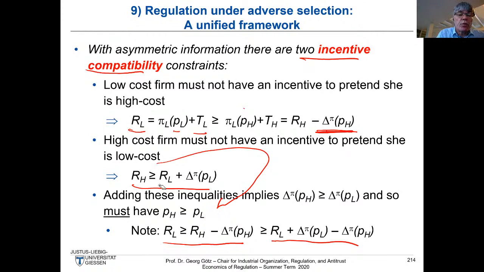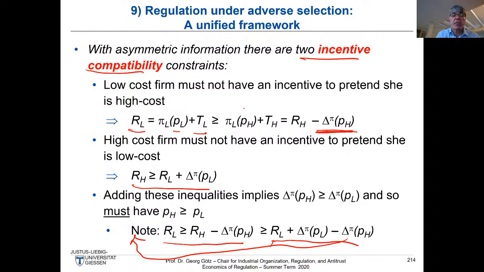And from this inequality, it's obvious that if we just subtract R_L, we would get 0 here and 0 here with respect to R_L. We just can put the minus delta pi on the other side as plus delta pi of p_H, and what we get is delta pi of p_H is greater or equal than delta pi of P_L.